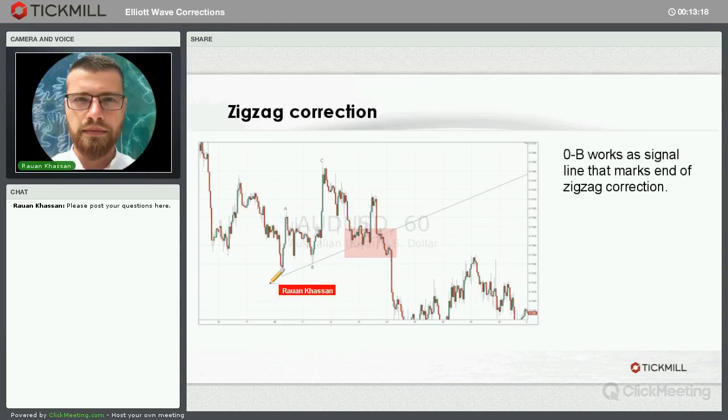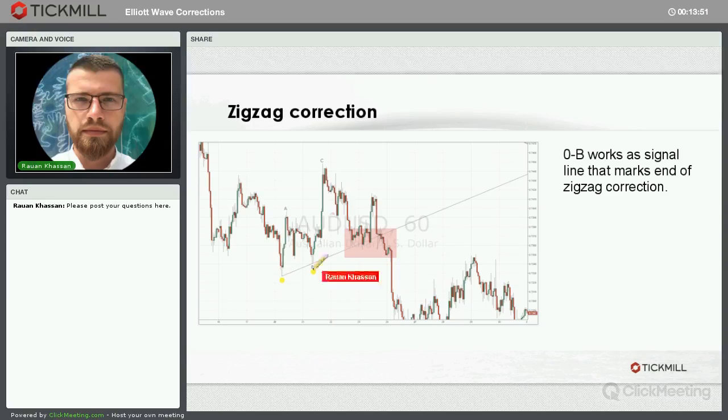That means that it connects the very start of the correction model, which at the same time is the finish of the previous impulse part, with the finish point of wave B. If you draw a trend line between these 2 points, you will receive a 0B signal line, which works at the end of the zigzag correction.